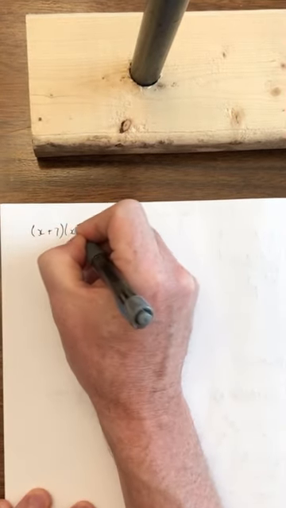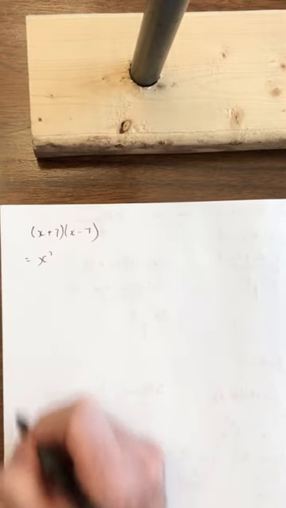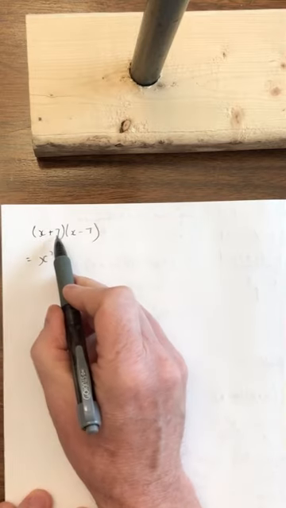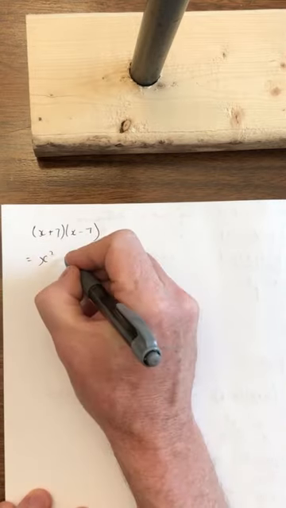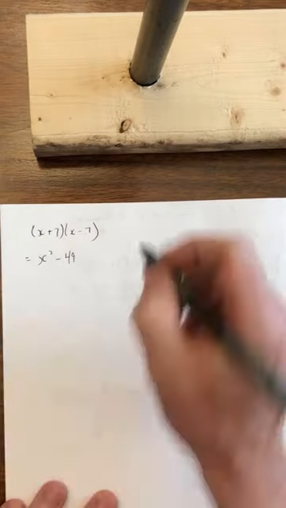So x plus 7 times x minus 7. Let's square the first term, and let's square the second term here. 7 times 7 is 49, and as I mentioned, it'll always be a negative, or negative 7 times 7.